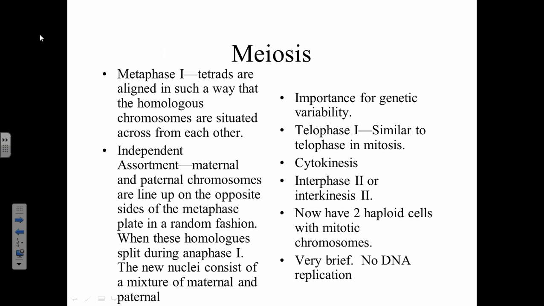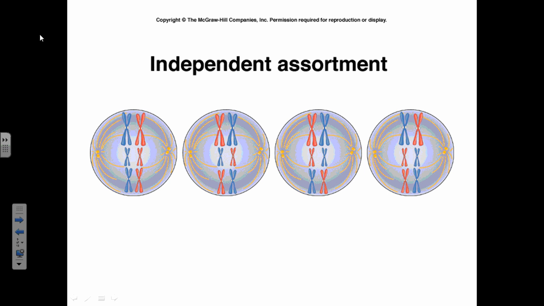All right, the next step is metaphase 1. And we said that meta means what? Middle. The chromosomes line up in the middle. But they don't line up single file like they did in mitosis. They line up across from who? Who is this red chromosome across from? Its partner. Okay?